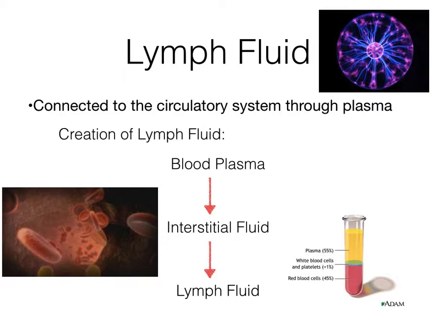Then this interstitial fluid passes through the lymphatic vessels, which then become lymph fluid. What's important to understand about the lymph fluid is that it is chemically similar to plasma, but it contains less protein, and around 20 liters of the lymph fluid filters from the blood into these tissue spaces every single day.